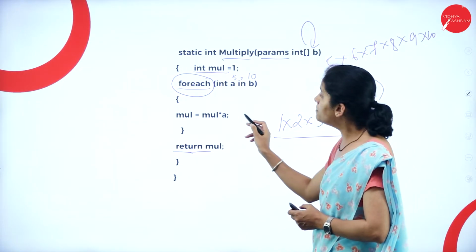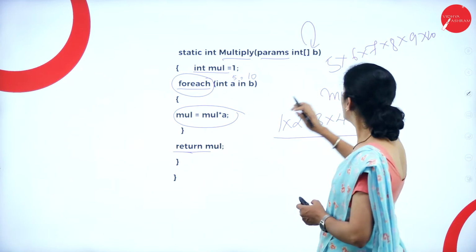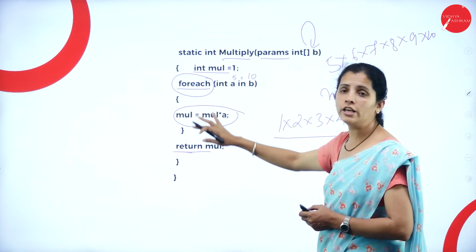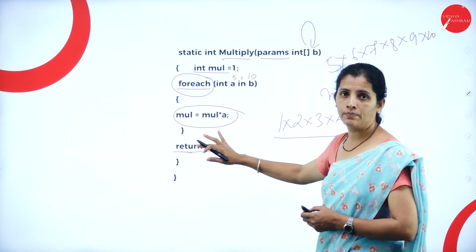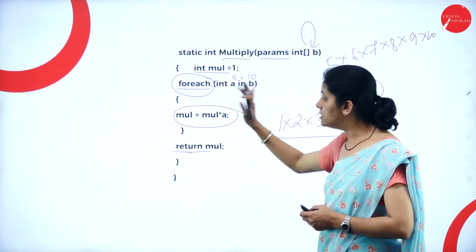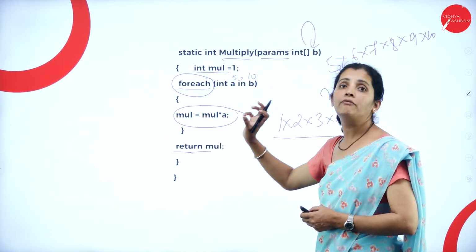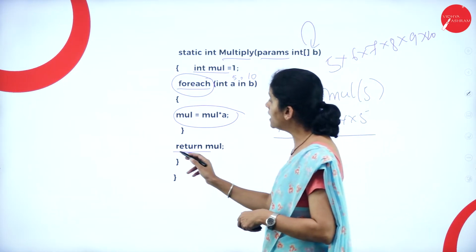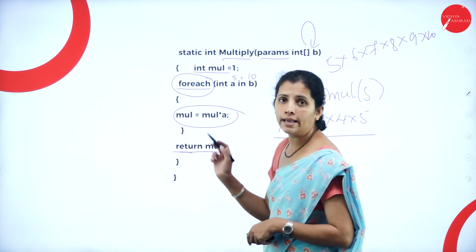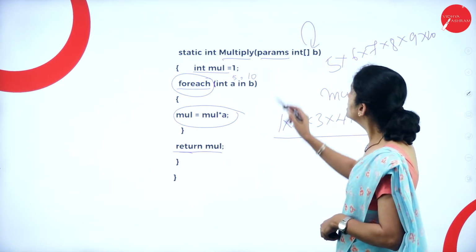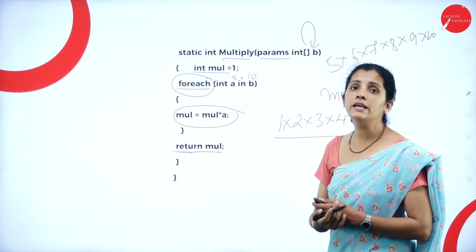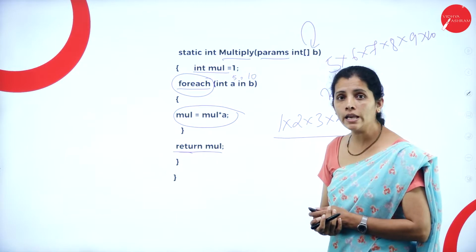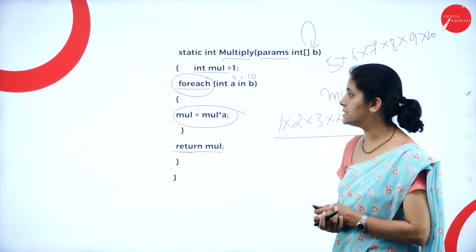After multiplying, that means the foreach loop is going to execute that many times. After this, whatever final product I get, I'm going to return that to the calling method. So these params are mainly used to define a variable arguments list.